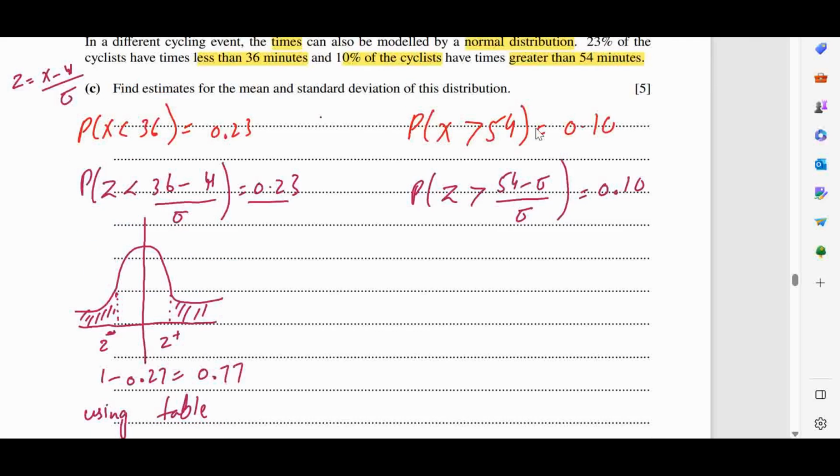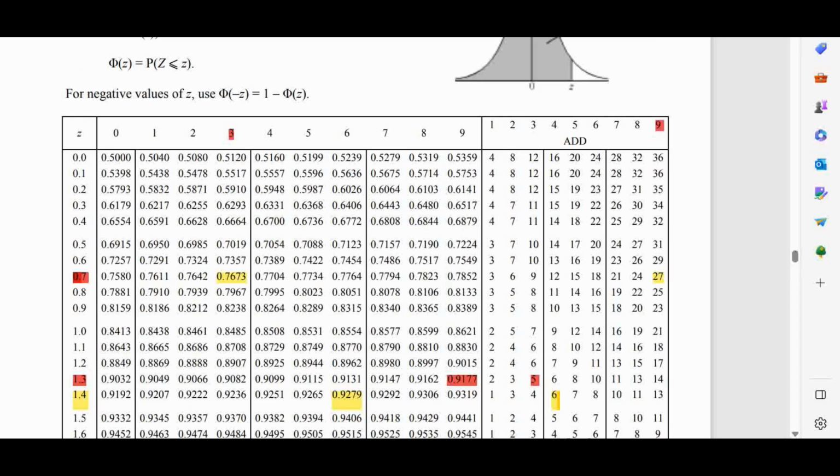Now the second one, let's see the other one. Here we can see that this is 0.1, so we subtract it from 1: 1 minus 0.1 is equal to 0.9. Now using the table, let's see the table. Where is 0.9? We can see here that this will be 1.28.